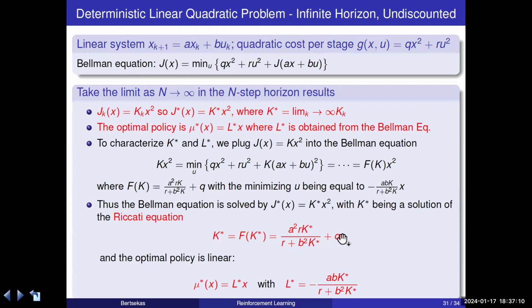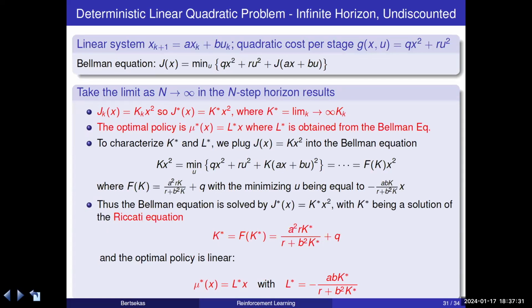Once you solve this Riccati equation and you calculate K star, then you can calculate the optimal policy according to this formula here. Find the control coefficient L star according to this, and the optimal control is a linear function of the state.